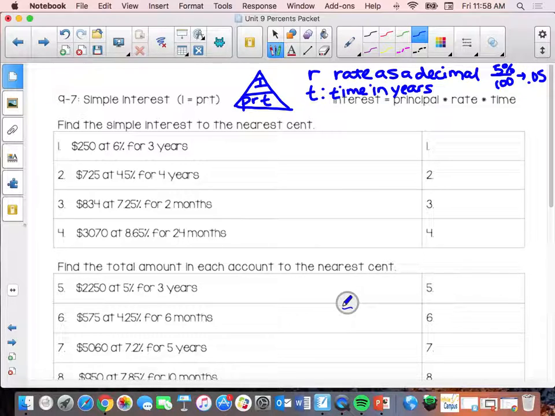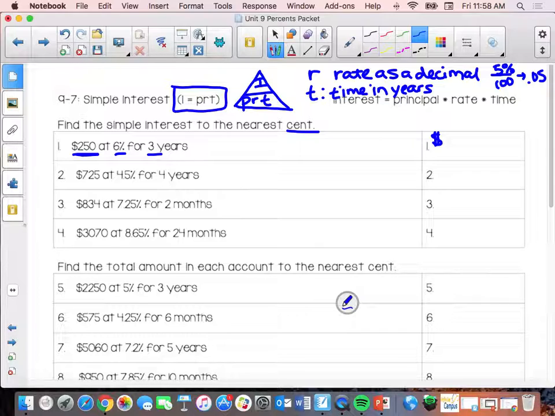Okay, so here we go. Number 1, $250 at 6% for 3 years. Find the simple interest to the nearest cent. So your answer will be in dollars and cents. All you need to do is plug in the numbers into this equation. If you have $250, you have to ask yourself, is that the interest or is that the original amount?